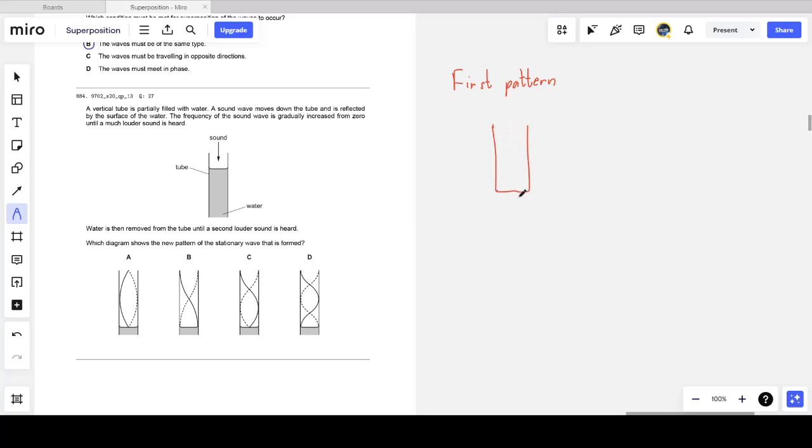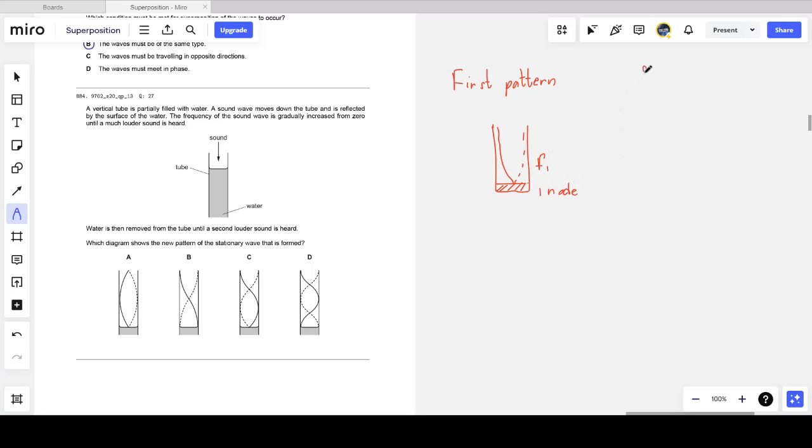And so the first pattern, let's assume the bottom is the column of water. So the first pattern would be the simplest one, like we always have. Antinode at open end, and then node at closed end, and then I'll draw the dotted line in the opposite direction. And this is the first frequency, we'll call it F1, and we have one node.